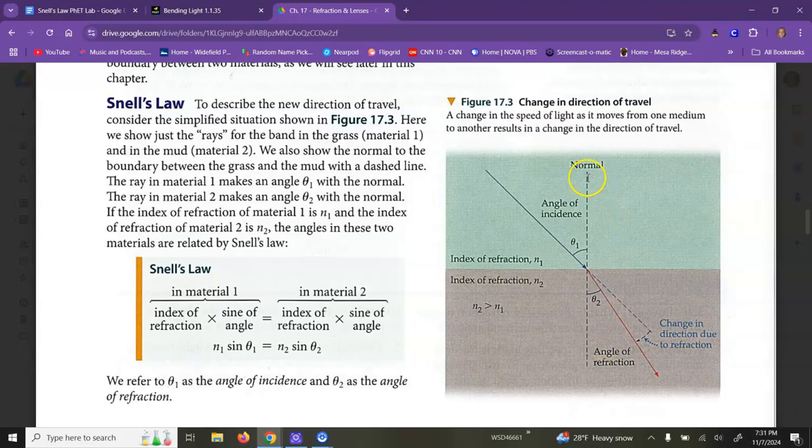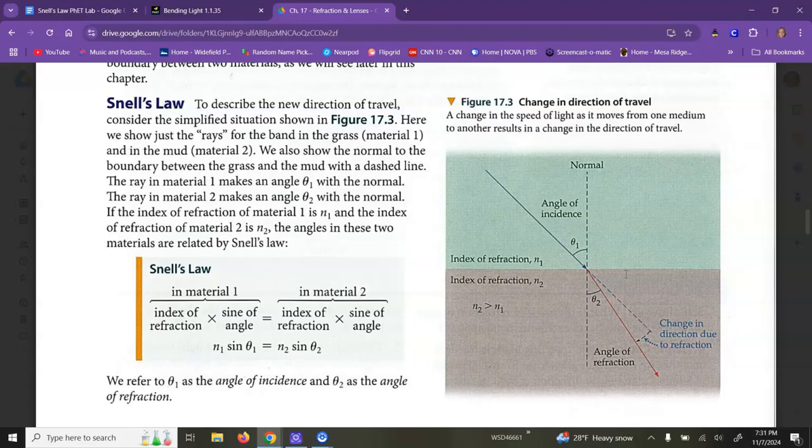Now, the normal is actually a perpendicular imaginary line. That's why it's dotted. The normal is something we use to represent where that light ray is entering. And so we use the normal, which is perpendicular to the surface right here, to measure the angle from. Notice we're not measuring the angle from the barrier itself, because the barrier may not be smooth.